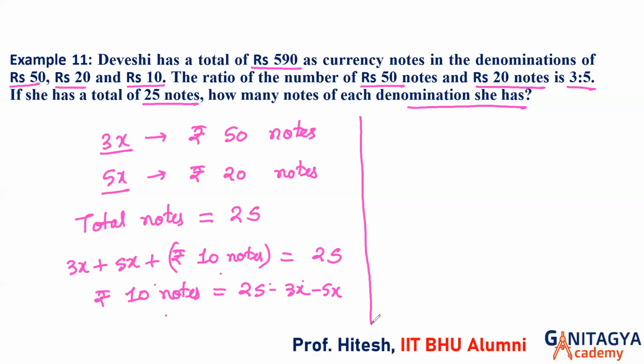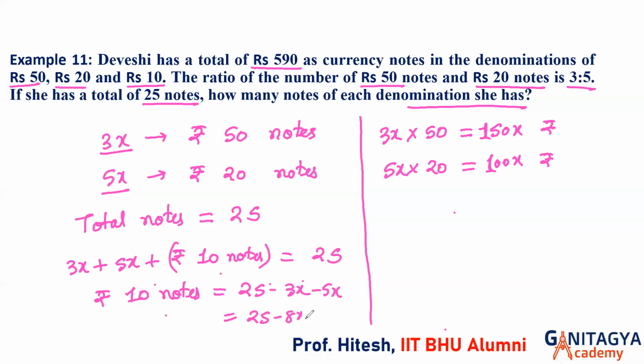Okay. Now see, 3x into 50 will be 150x rupees he has with the help of rupee 50 notes. 5x into 20, that is 100x, this much rupees with the help of rupee 20 notes. Understood? And the 10 rupee notes I can write as 25 minus 8x.